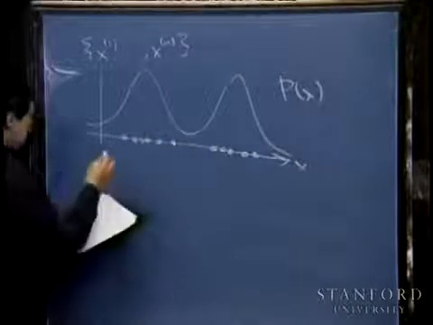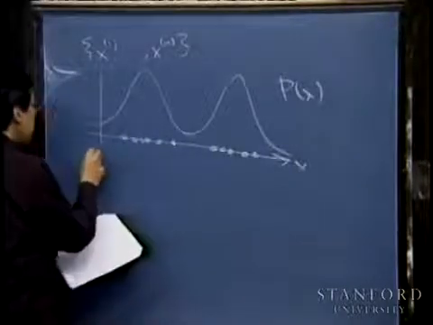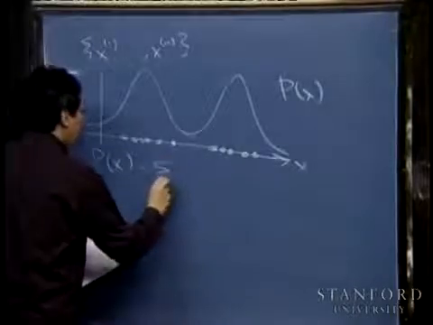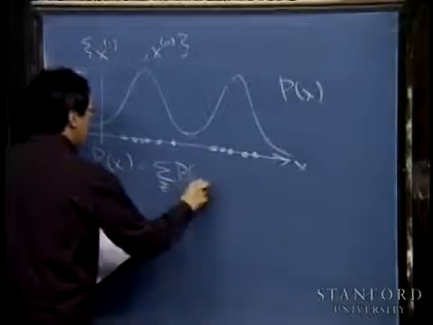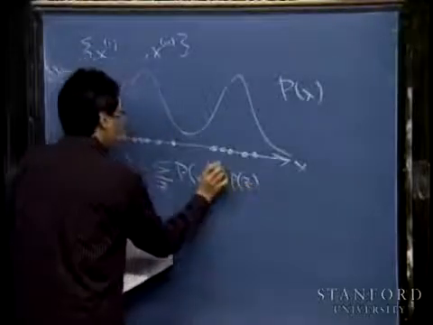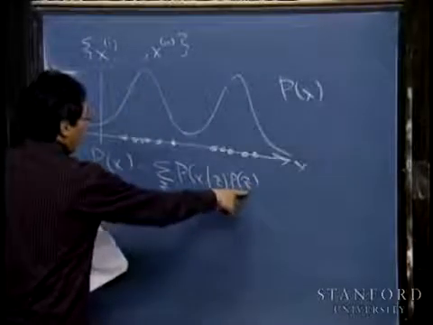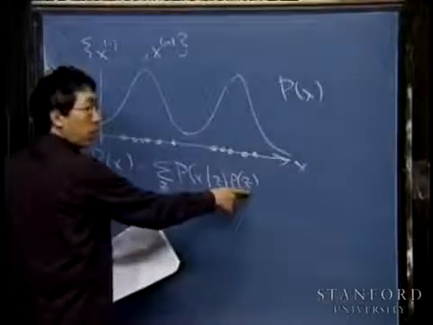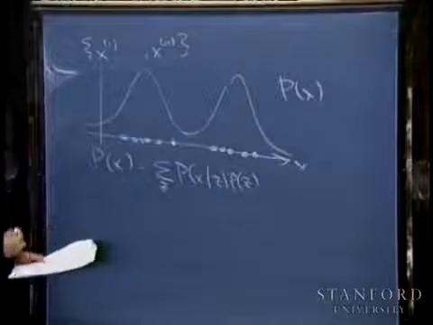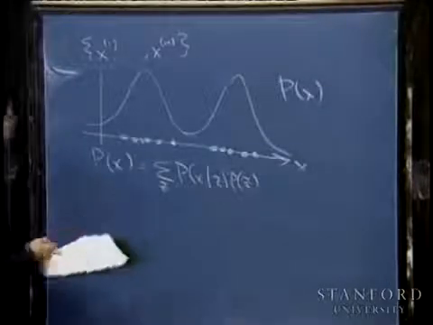Concretely, we said that we would model the density of x, P of x, as a sum over z of P of x given z times P of z, where this latent random variable, meaning this hidden random variable z, indicates which of the two Gaussian distributions each of your data points came from.